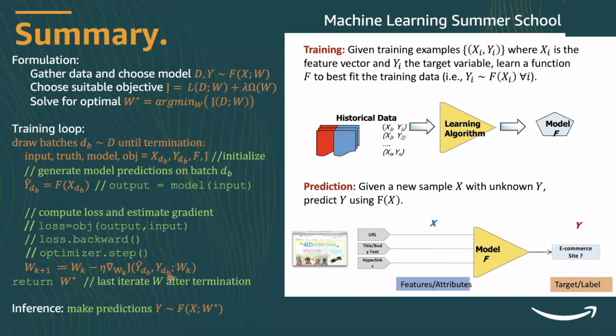The broad summary connecting this to what we have seen in a very early slide is this. The training procedure requires collecting appropriate observations from which the learning algorithm is going to learn the mapping from inputs to outputs F, which is what we will use at inference time.